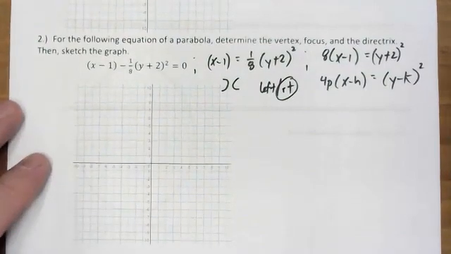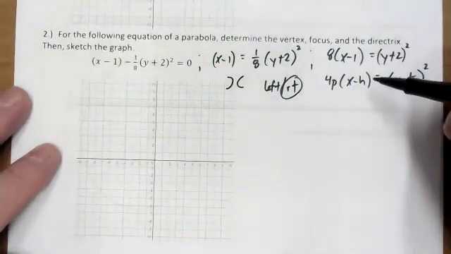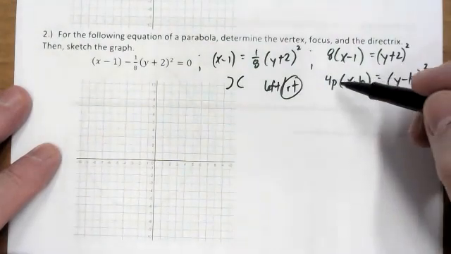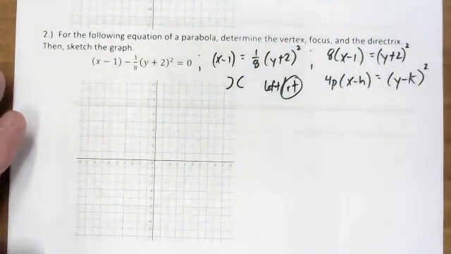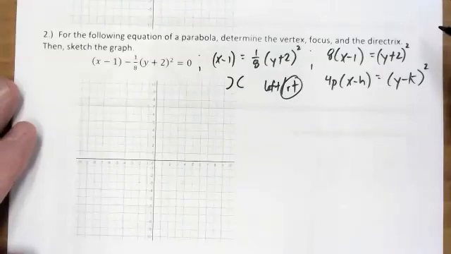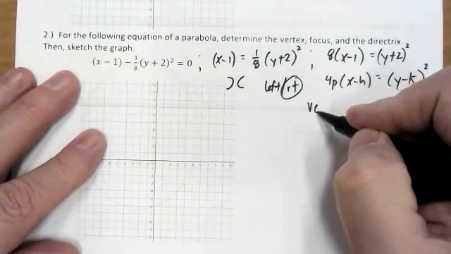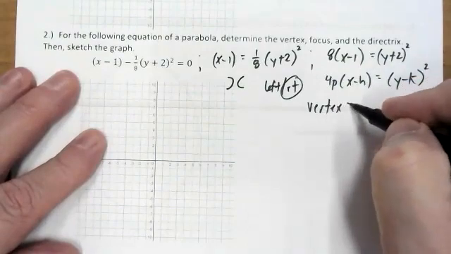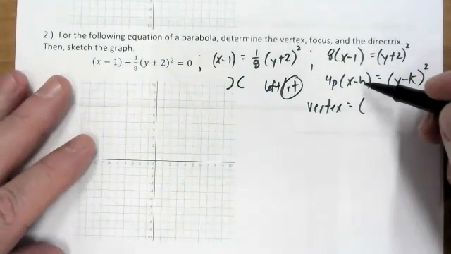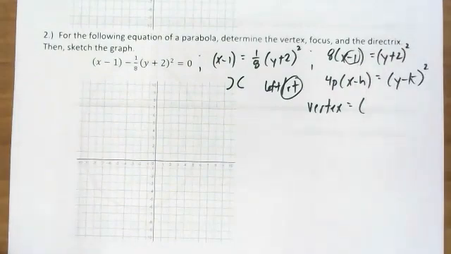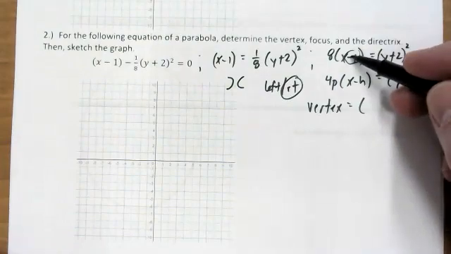So just like the previous problem, if I can find h and k, I'll know the vertex. If I can find the value of p, then I've got everything I need to complete the problem. So the vertex, once again, is (h, k). So for h, once again, I grab this number, including the plus or minus in front of it.